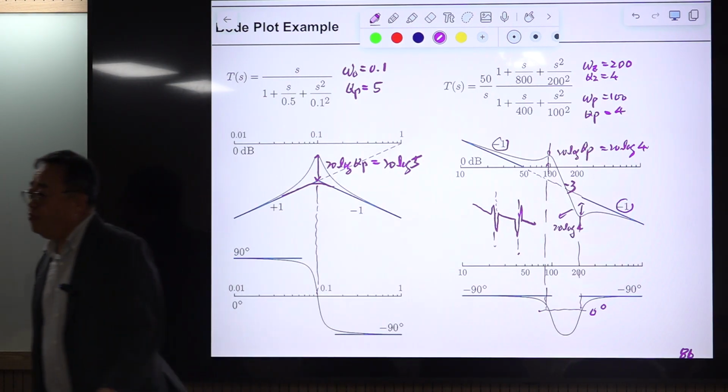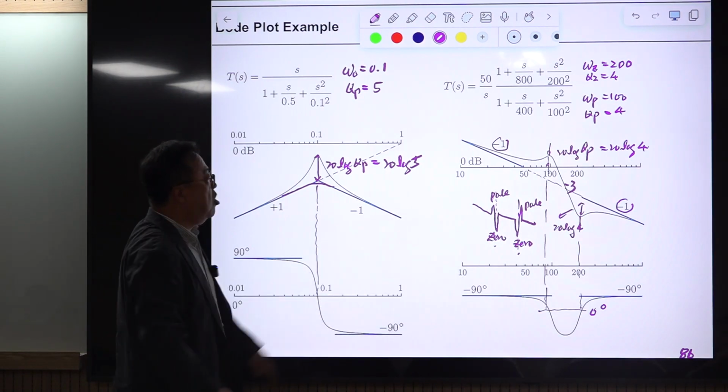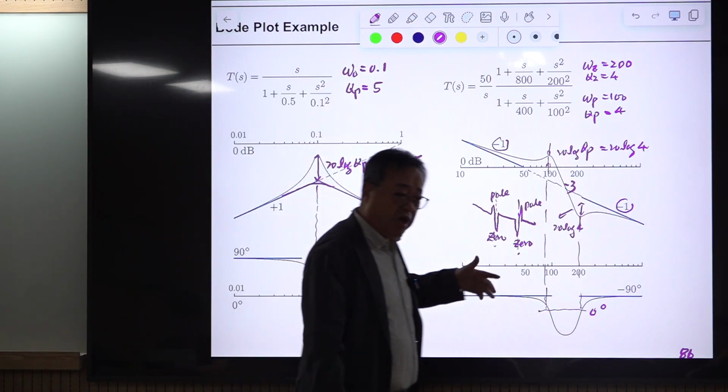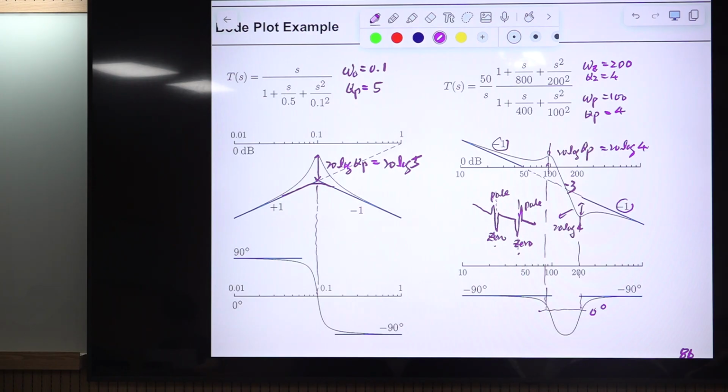Okay? So from this, we see the pole is coming first, and zero is coming later. And this dipping comes first, then double zero is coming first, and later double pole is coming. So maybe you have this kind of noise somewhere. There is a pole and zero pair, closely located, a double pole and double zero pair.